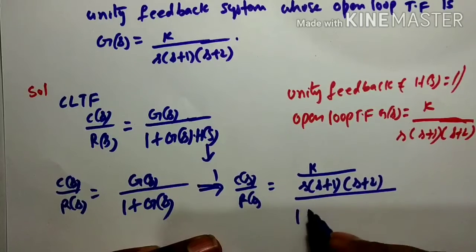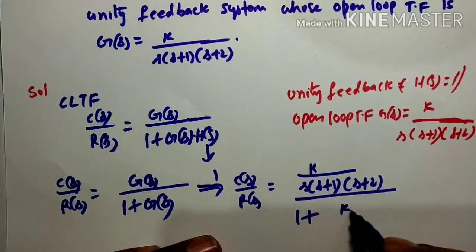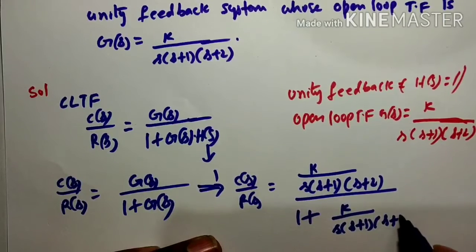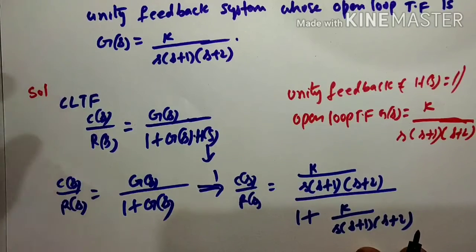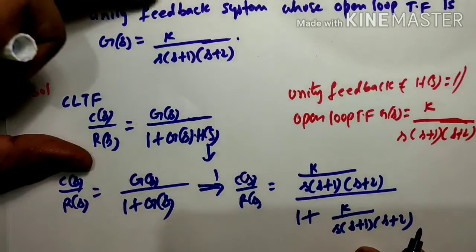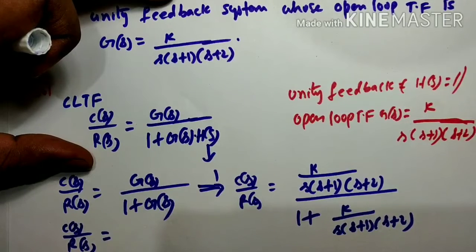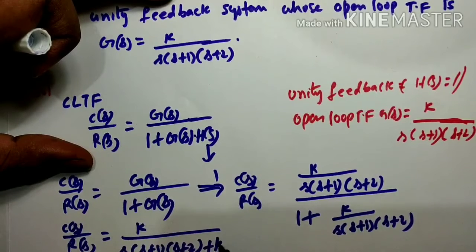When you take the LCM, you get C of s by R of s is equal to K by s into s plus 1 into s plus 2 plus K.